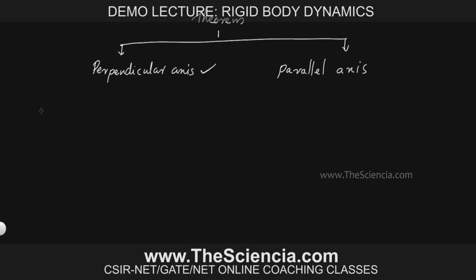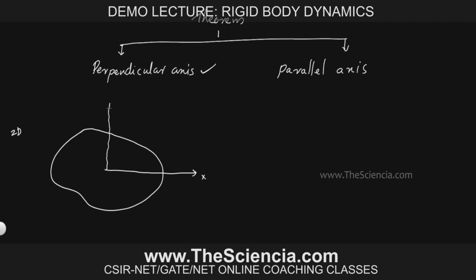Okay, let us consider a rigid body in two-dimensional space. This is the x-axis of the body, and this is the y-axis. If the body is rotating about the x-axis, it has a moment of inertia, which we call Ix. If it is rotating about the y-axis, there will be a moment of inertia Iy.